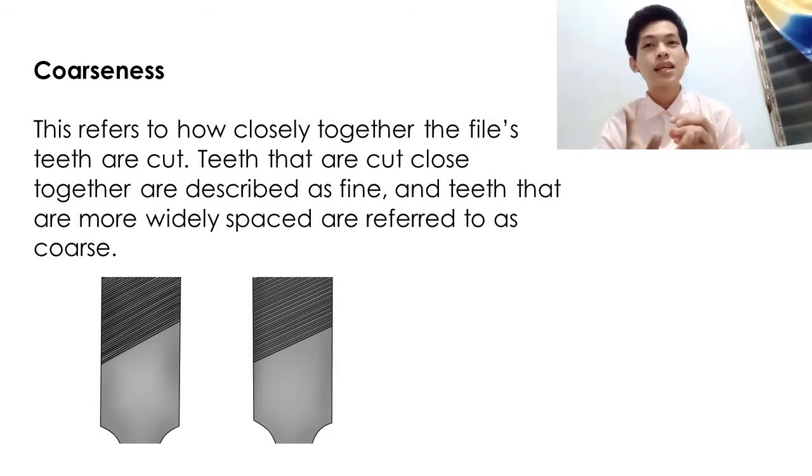So when you see that the teeth of the file are closely together, you can classify it as a fine file. However, if you see that the file's teeth are widely spaced, you can classify it as coarse. So that pertains to the coarseness of the file.